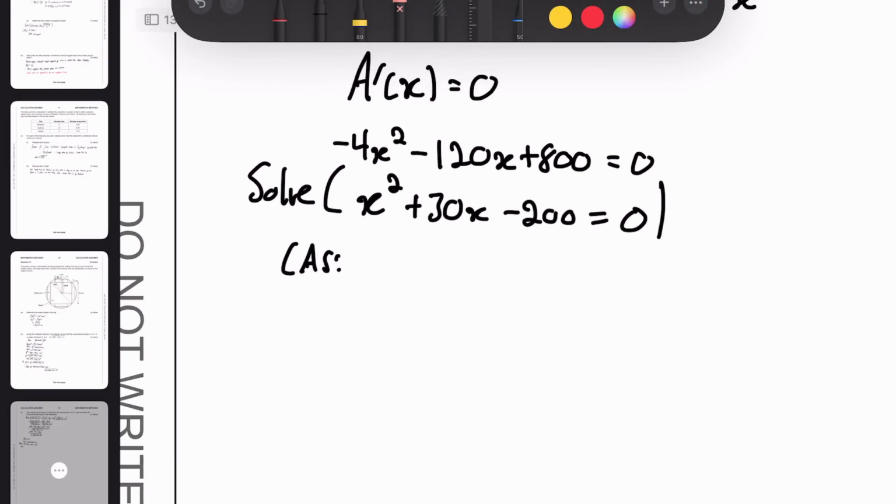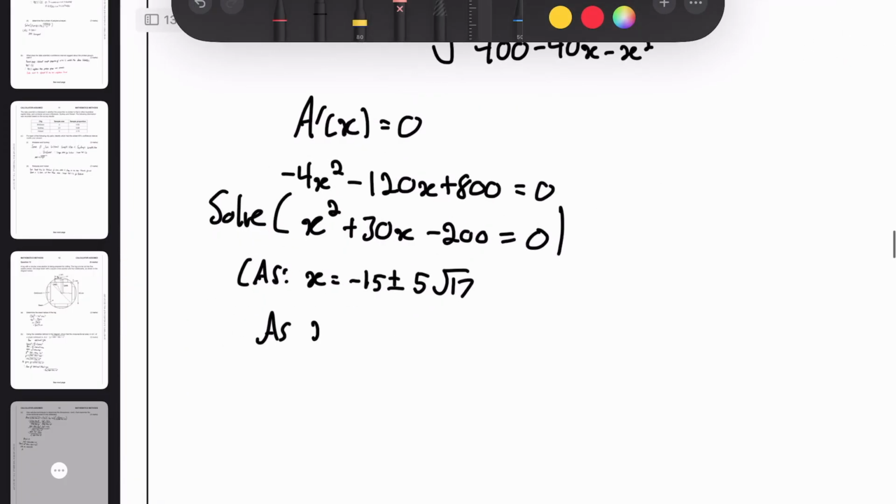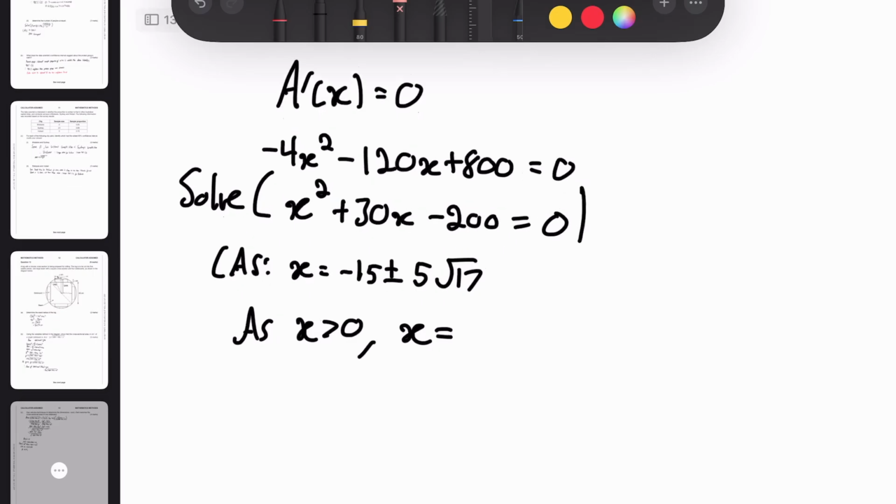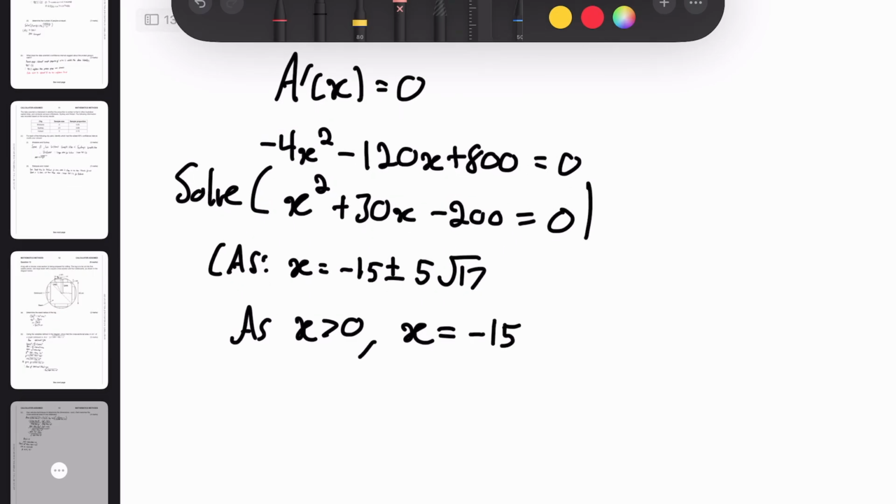Okay, so this is going to be negative 15 plus or minus 5 square root of 17. But then as x must be greater than 0, we must ignore the negative, so it must be x equals negative 15 plus 5 square root of 17. Clearly the other one, negative 15 minus 5 square root of 17, is clearly going to be less than 0.